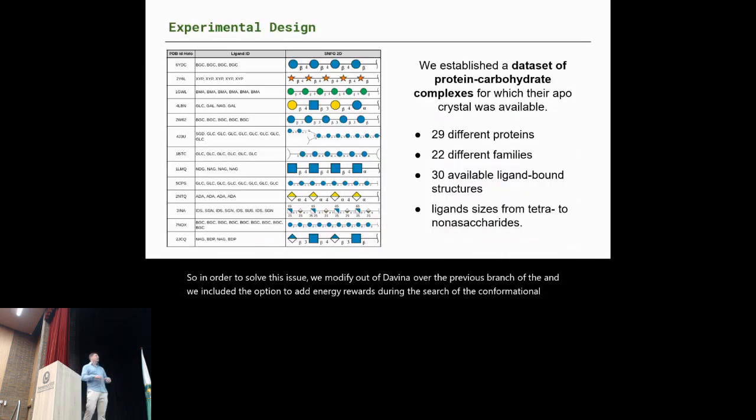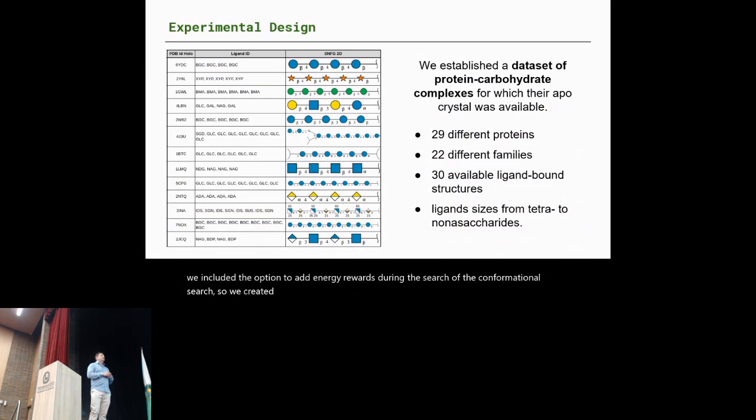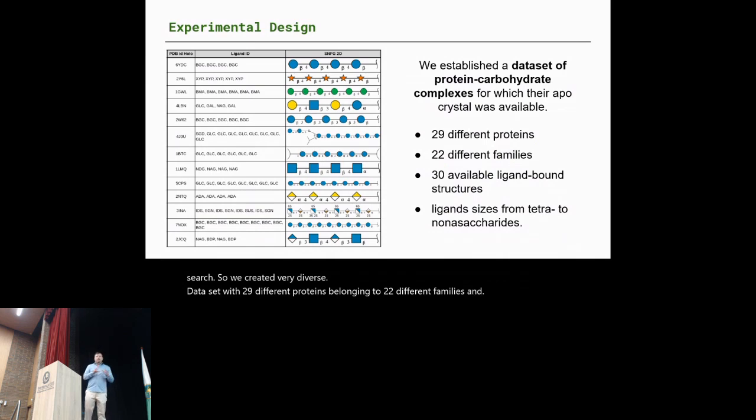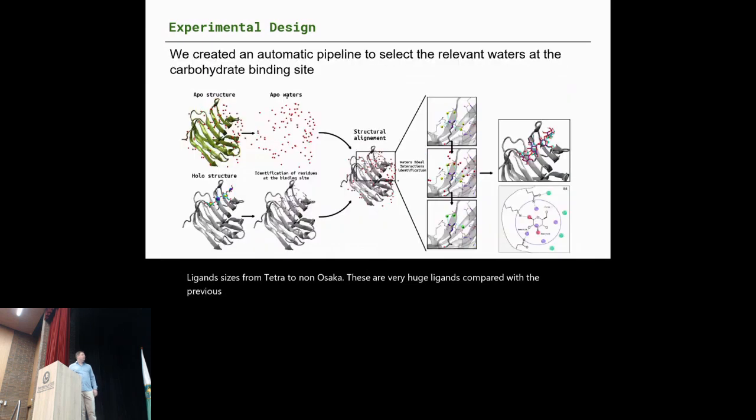So we created a very diverse data set with 29 different proteins belonging to 22 different families and ligand sizes from tetra- to monosaccharide. These are very large ligands compared with the previous work that we did.